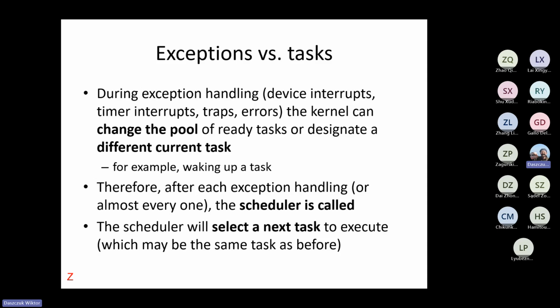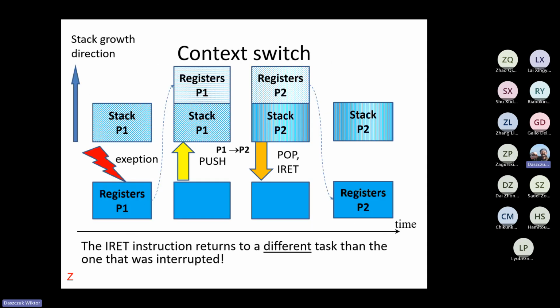I described it. This is how the task switch is performed. We have task P1. Its registers are in physical registers. An exception comes. So registers are pushed on the stack of this task.